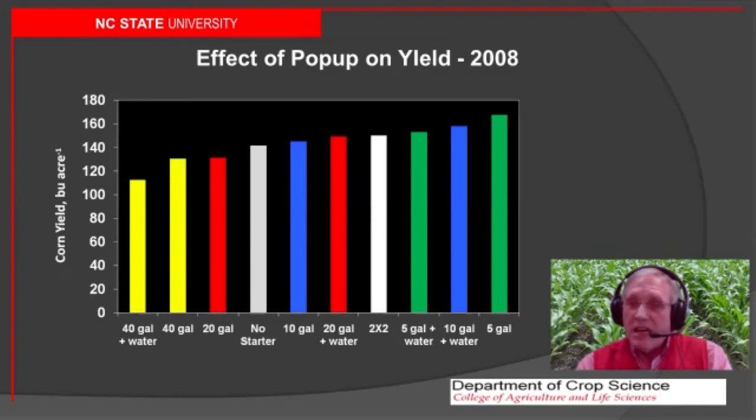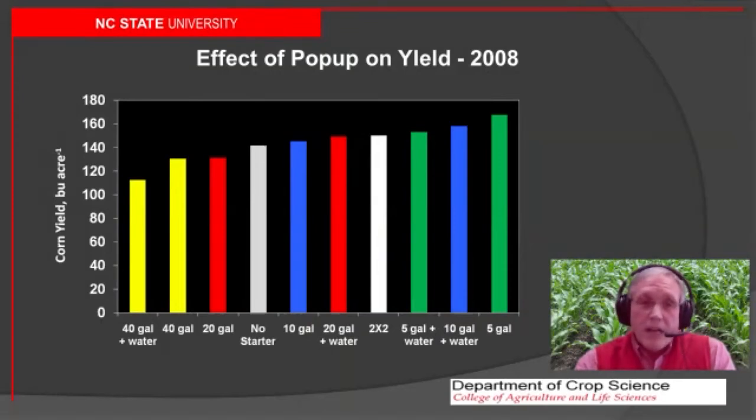It rained right behind this application, but we got by with some pretty decent stiff rates of 11-37 in the furrow. So 10 gallons, or 10 gallons where we mixed it with water, were almost equally as good as a 2x2 band. And certainly smaller rates in furrow look very attractive here.